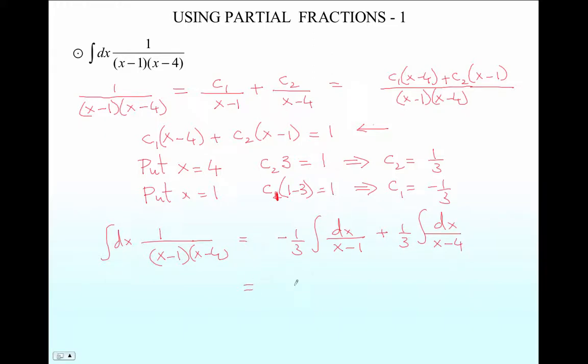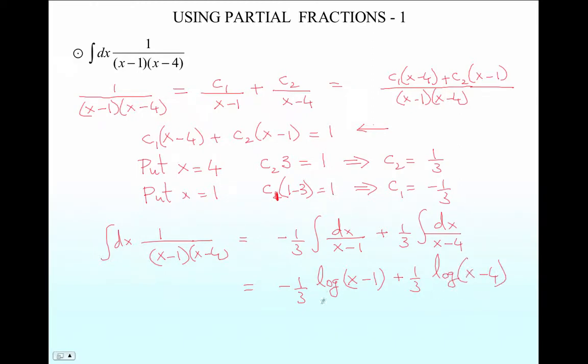And now we've done this earlier. The integral of 1 over x minus 1 is log of x minus 1. How do you know that? Well, just differentiate the log and you get 1 over x minus 1 over here. And of course, here we have exactly the same thing, except we have log of x minus 4.